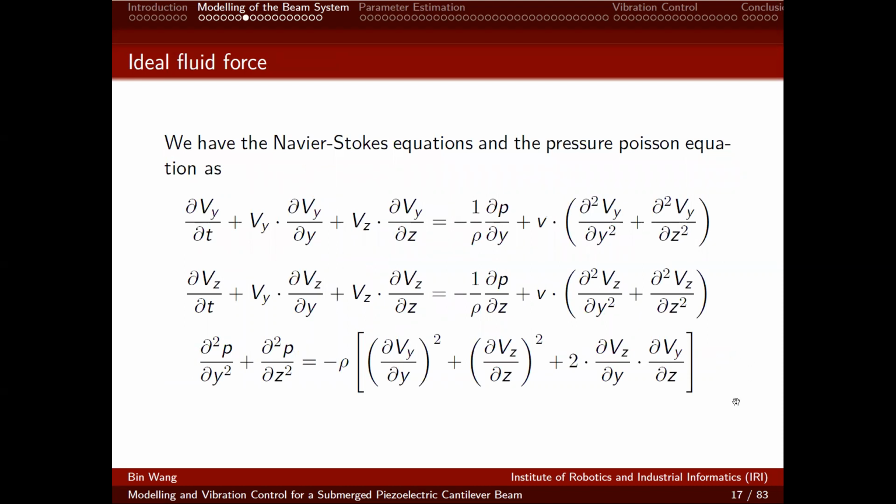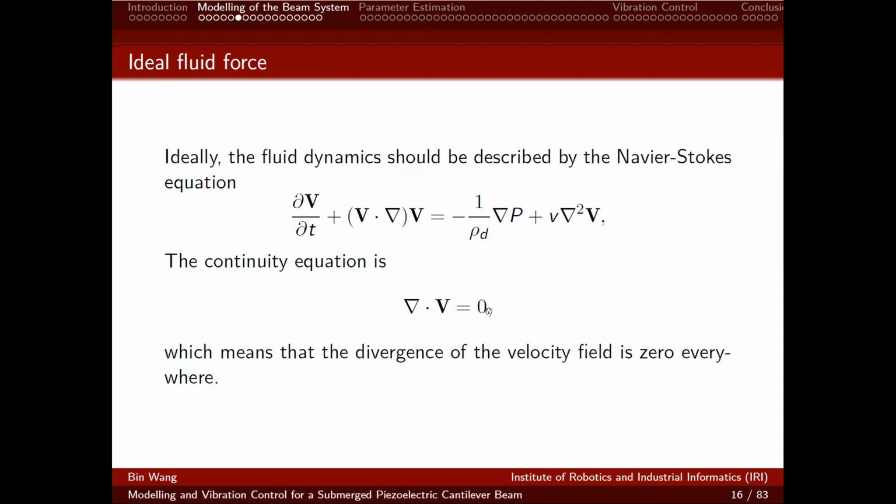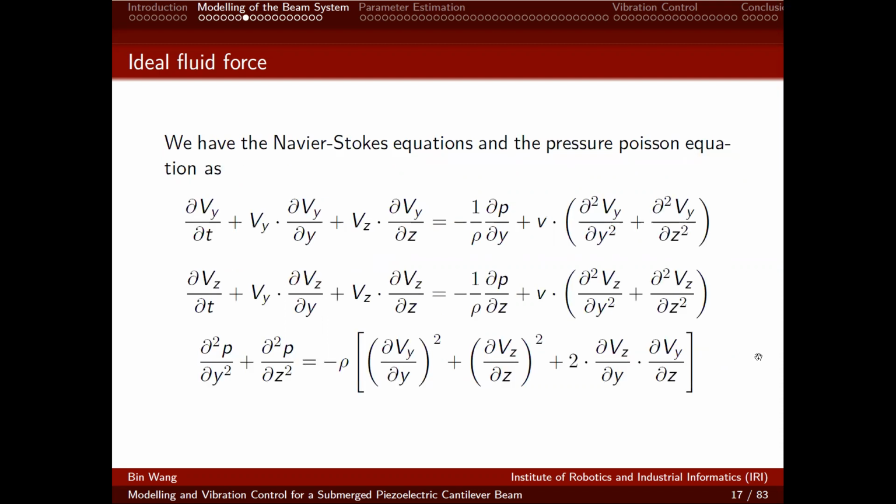Directly implementing the Navier-Stokes equation is difficult because there is no pressure and velocity relationship in the continuity equation. So we derived the Navier-Stokes equation and the pressure Poisson equation. So we have three equations and three variables, Vy, Vz, and the pressure P.